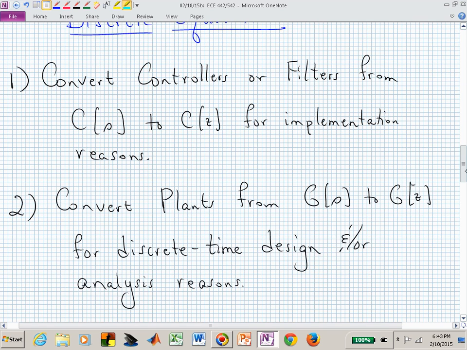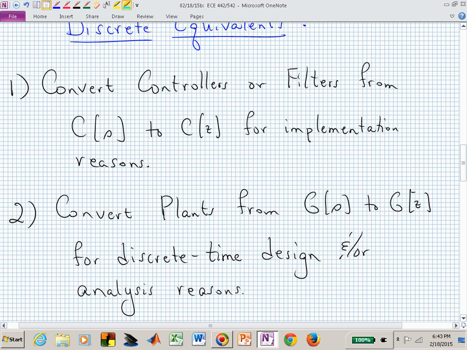The other reason is if we have a plant, an electric circuit, a mechanical system, an electromechanical system, a hydraulic system, we have a G of S. And we want to maybe control that digitally, or we want to analyze it digitally. We want to now find the G of Z corresponding to that G of S. There's two different reasons, two different situations, two different scenarios that we usually are confronting in this class to worry about C to D.